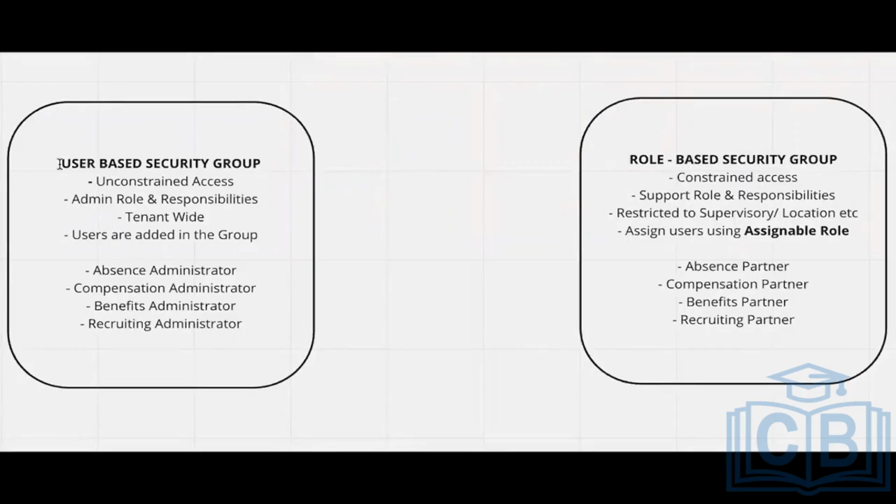Over to the left, the user-based type has unconstrained access, which means tenant-wide. If anyone is assigned in the security group, if anyone is a member of a user-based type security group, that means they can access a worker profile at the lowest level and also at the CEO level.